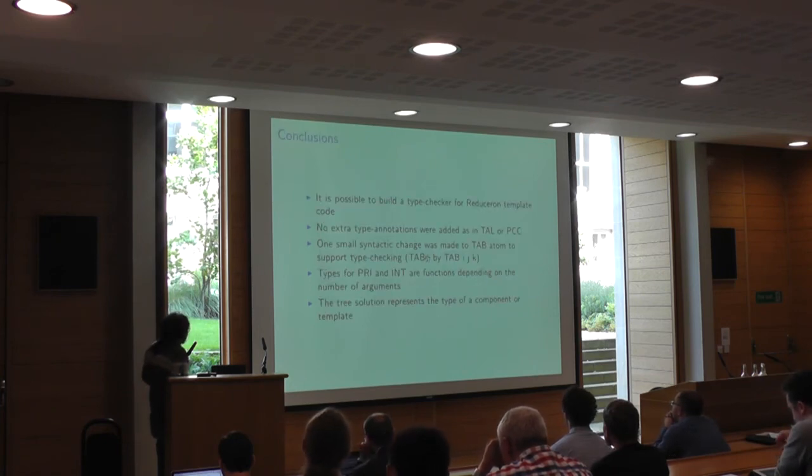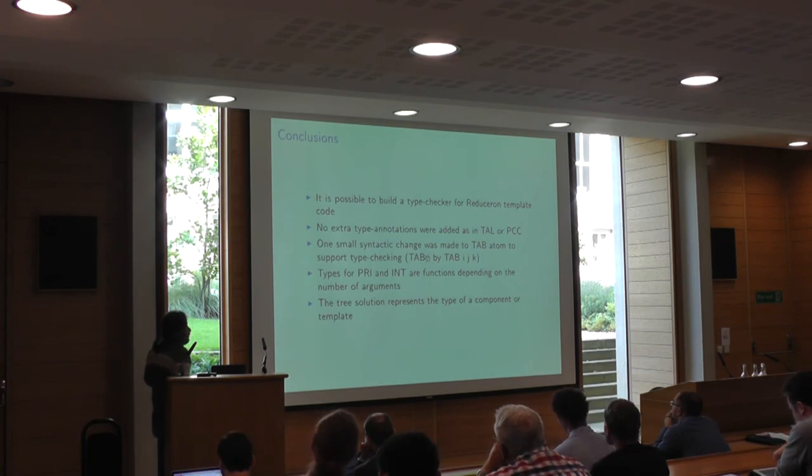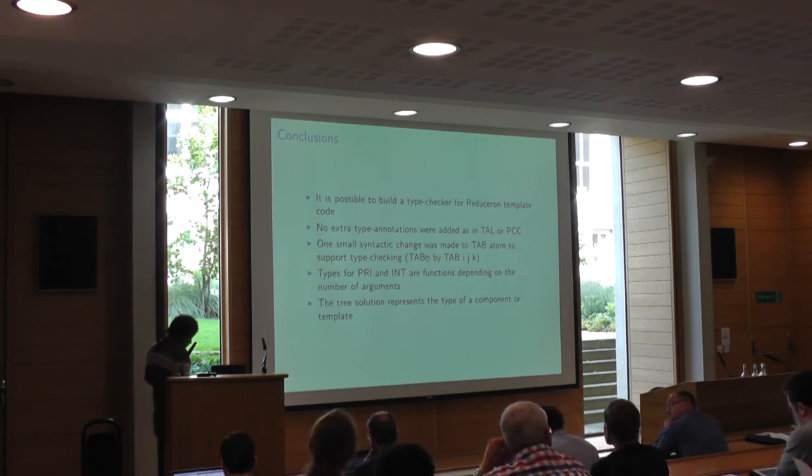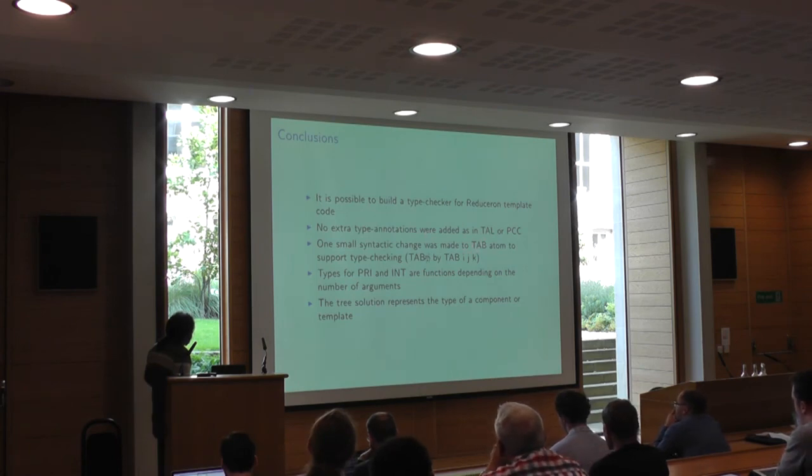So conclusions, I think it's possible to build a Tyre-Check-I even if we don't have enough information. We don't require any extra information for now. Probably we have cheating here because this is the actual constructor in the paper, in the original paper.